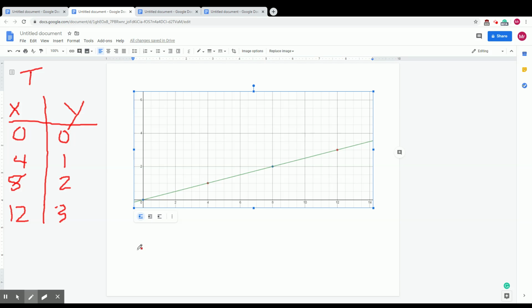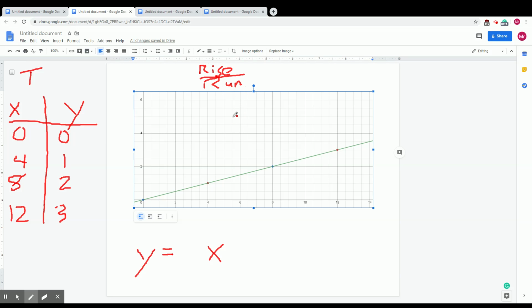Okay, so whenever you make an expression from a graph, especially an XY graph like this, everything's always going to equal Y. Okay, and then you're typically going to have an X. Okay, but what we're missing is the number that goes in front of the X. Now, how we're going to find that, since we have a graph all ready to go, is we're going to use what's called rise over run.